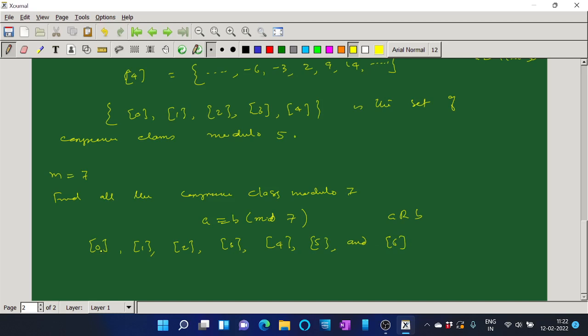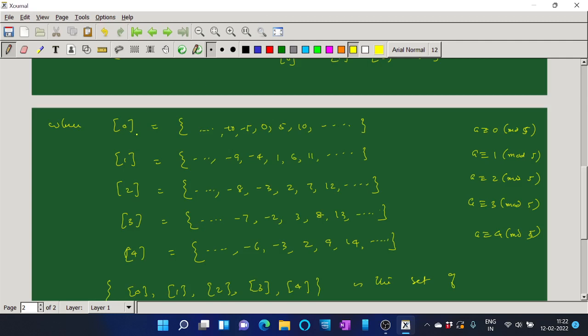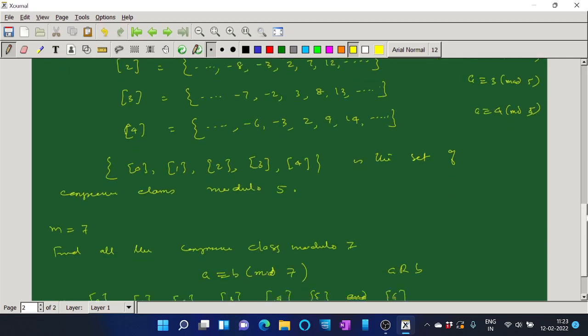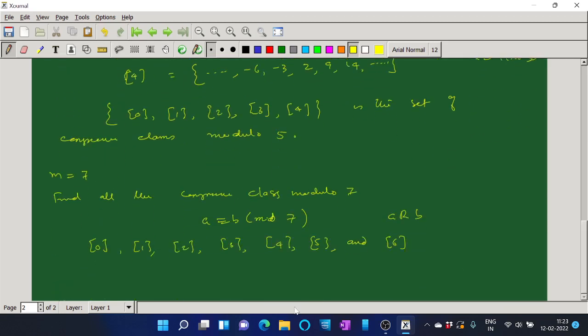And remember, this [0] is different from the previous [0]. Previously, [0] was the congruence class consisting of the integers which leave the remainder 0 when divided by 5. Here this [0] means those integers which leave the remainder 0 on division by 7, those integers a which are congruent to 0 mod 7.